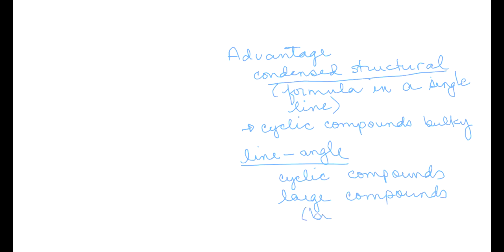Okay. So these are very common. You'll see us use line angle quite a bit. So those are some of the advantages behind why we are moving away from just Lewis dot and being able to describe our structures using condensed structural formulas or line angle formulas.